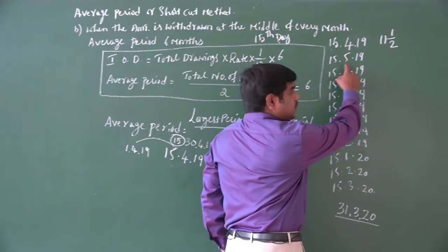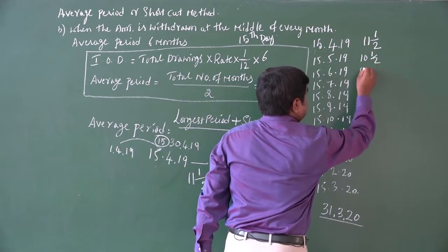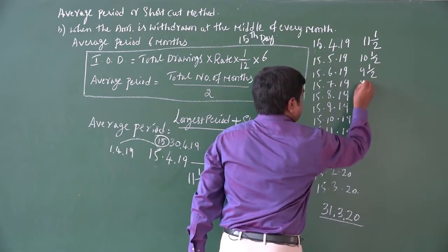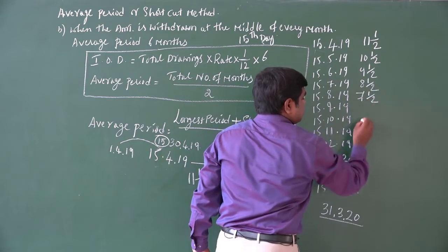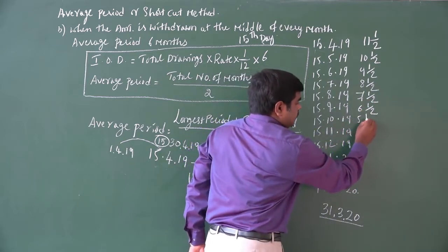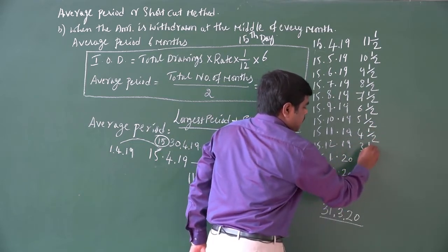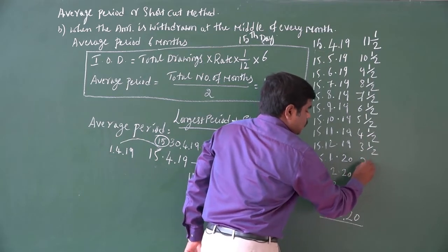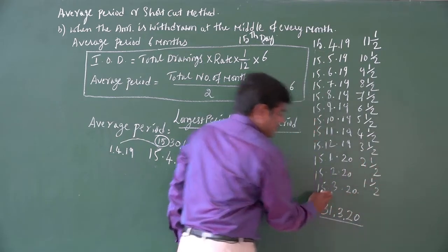Similarly, for the 15th of May it is 10 and a half months, then 9 and a half, 8 and a half, 7 and a half, 6 and a half, 5 and a half, 4 and a half, 3 and a half, 2 and a half, 1 and a half, and the last one.